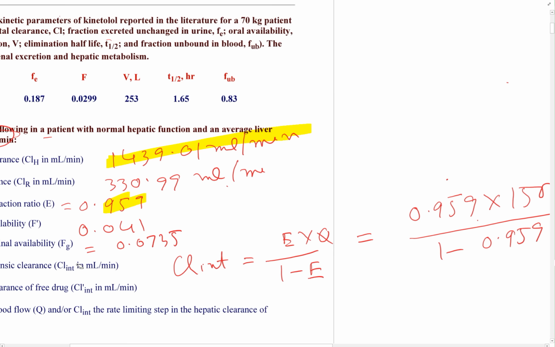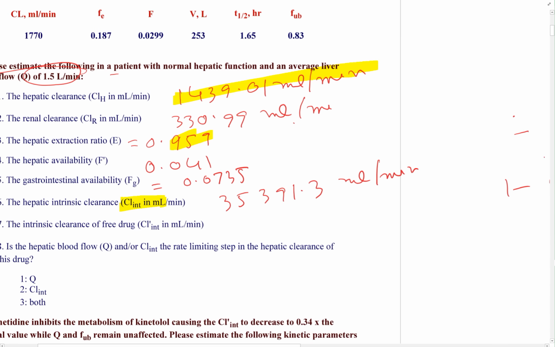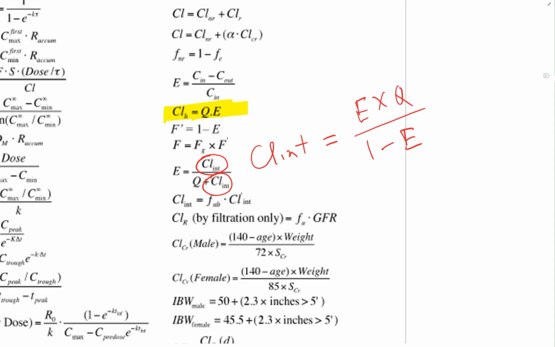That means this is your hepatic intrinsic clearance, and this value is 35391.3 milliliter per minute. Now what is the intrinsic clearance of free drug? Here is the equation we have to use.